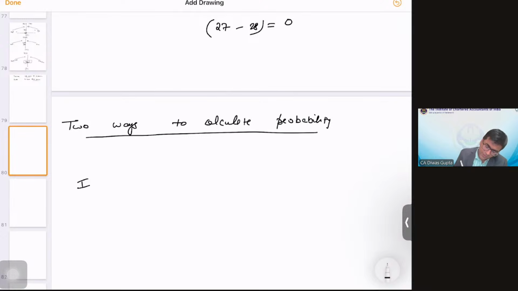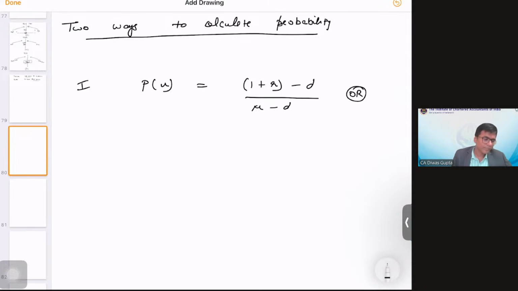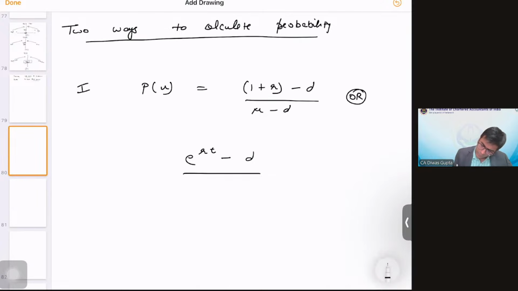The first one is the probability of prices going up, P(U) equals (1 plus R, the rate of interest, minus D) divided by (U minus D), or (e raised to the power RT minus D) divided by (U minus D).